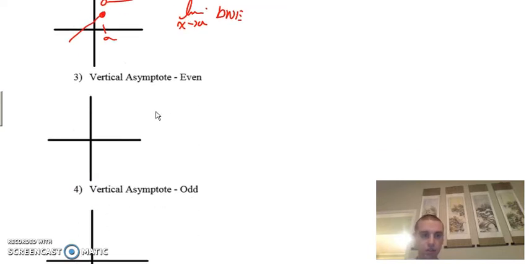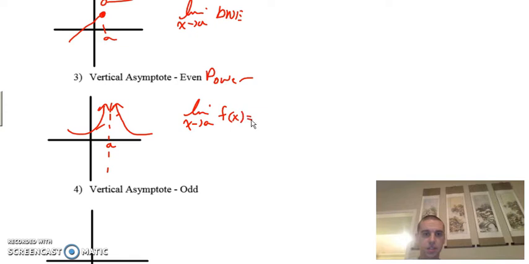This is a vertical asymptote in an even power. You should really have the word power there. So we talked about this in class the other day, where this is a, and so the limit as x approaches a of f of x equals infinity in this case, but f of a is undefined.